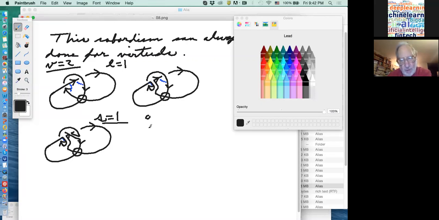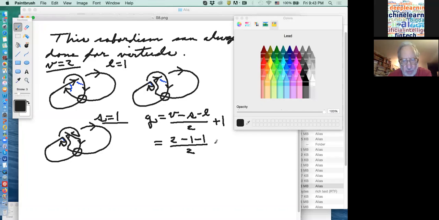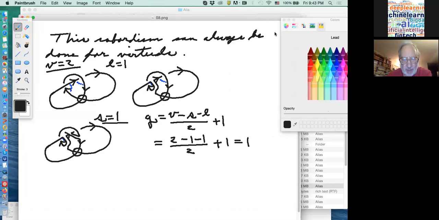And if we used our formula, it would say the genus of the resulting surface should be equal to V minus S minus L divided by 2 plus 1, which is going to be equal to 2 minus 1 minus 1 divided by 2 plus 1, which is equal to 1. So the claim is that we're getting genus 1 again, and let's do it by checking it one at a time. What happened was we started with the curve, the knot. We went through one saddle into two curves.